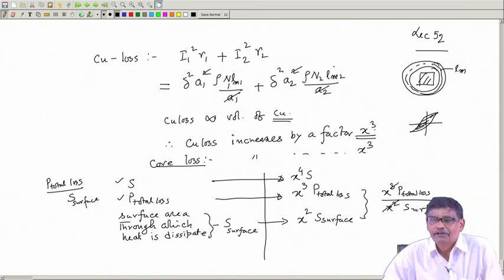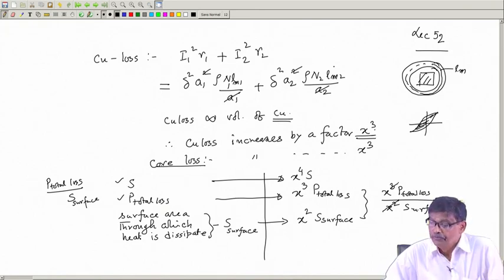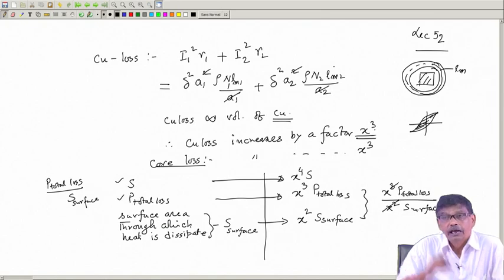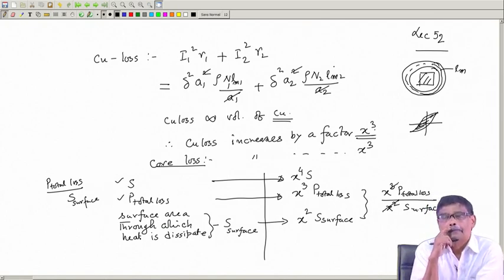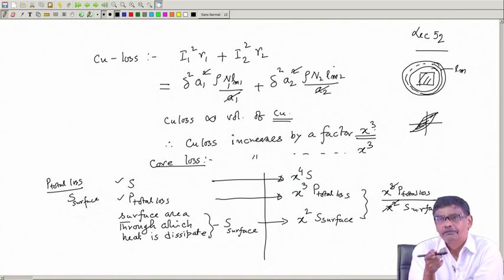Loss increases by a factor of x cube. If your surface area had also increased by x cube, then the available surface to dissipate a certain amount of loss would be the same, but it is now less, because x is a number greater than 1. You have to dissipate more power loss through a lesser surface. That is what I want to say.